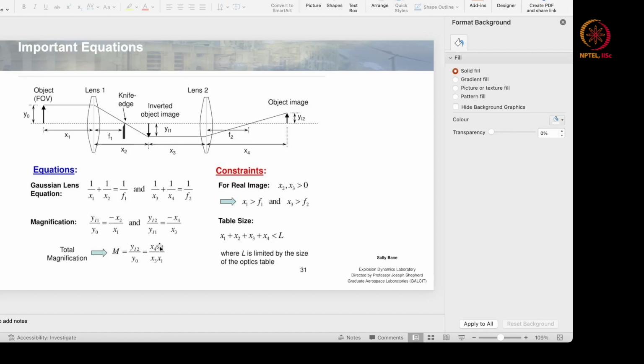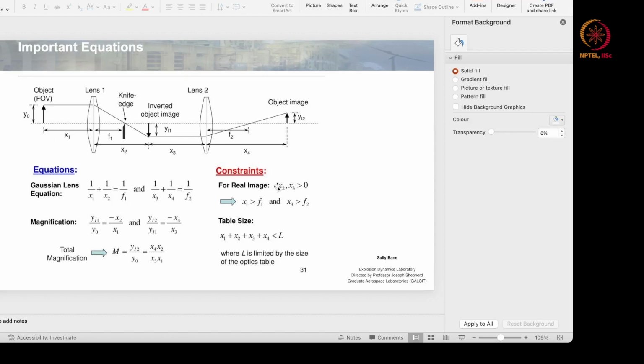A fairly simple equation. So the total magnification, which is yL2, the final image, divided by the original image, is given as x4 x2 divided by x3 x1. So this is the total magnification.